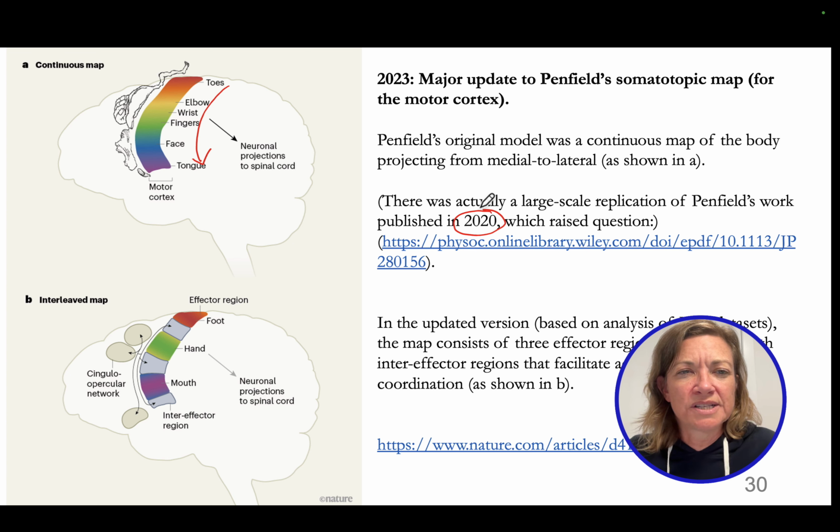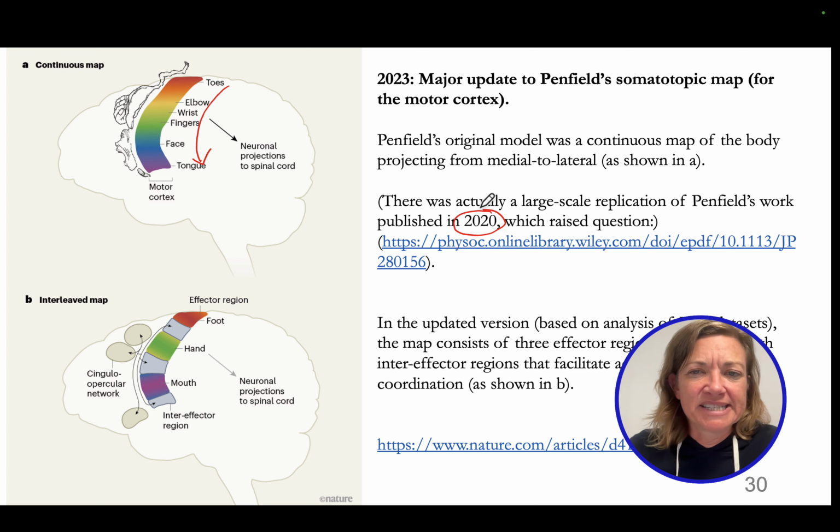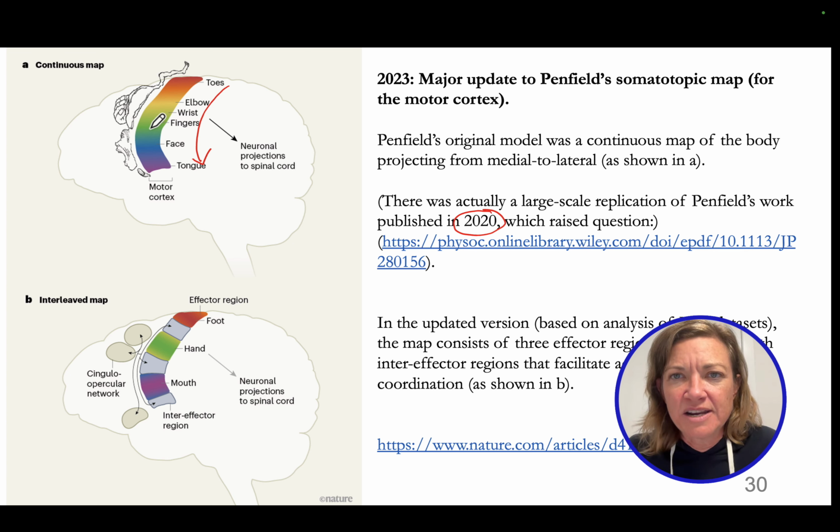The question was, wait a second, when we replicated these experiments, unlike Penfield, we stimulated some regions of primary motor cortex that did not elicit movement or even the desire to move. So there was something else in there, and that's been known for a few years.